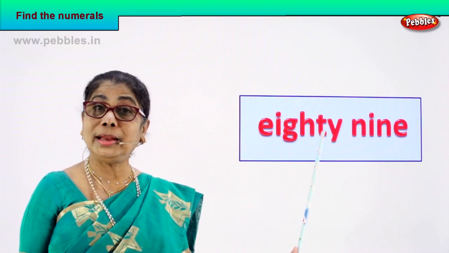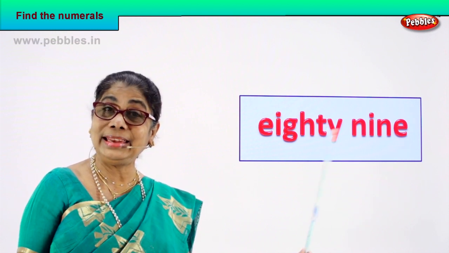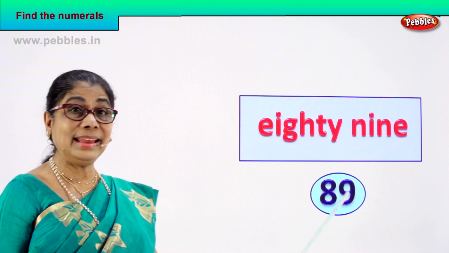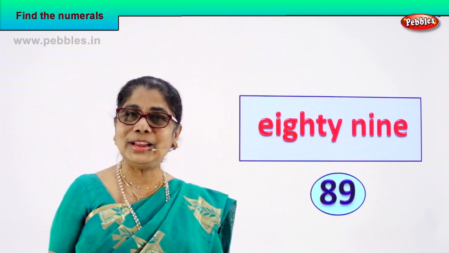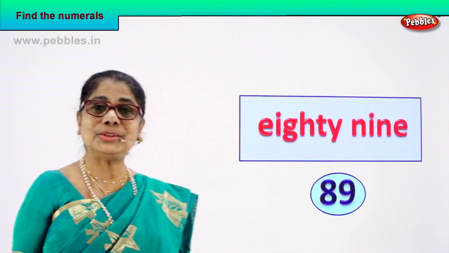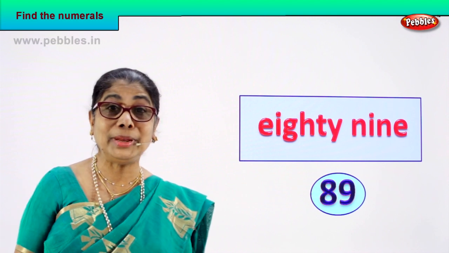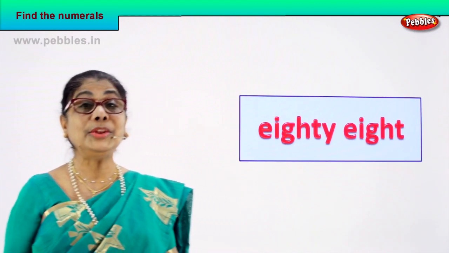Now how do you write the numeral 89? You will write 8 then 9. 8 and 9, 89. Good. You learned to read and spell. You also learned to write the numeral for the number name. Shall we take our next number name?